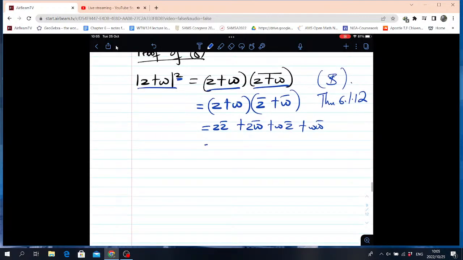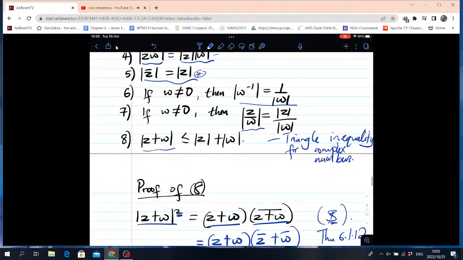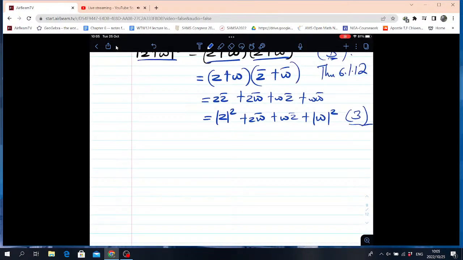And then we know that this is going to be equal to that by the same statement that we have there. And then we've got Z W bar plus W Z bar plus the modulus of W squared. Again, we are using property 3 in this theorem, so theorem 6.2.3, number 3, right?